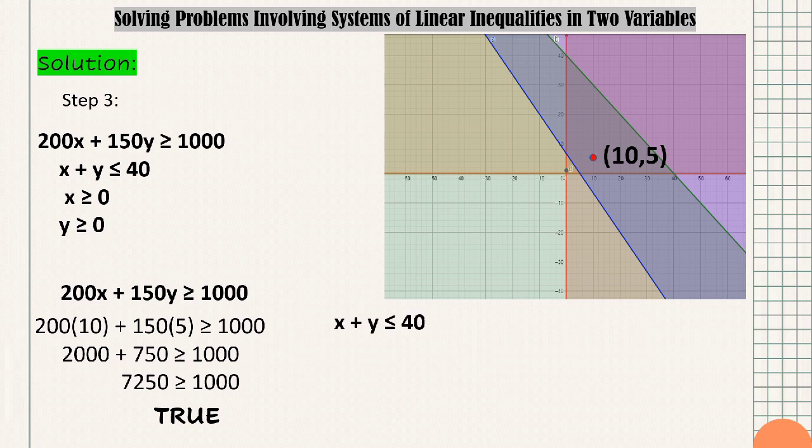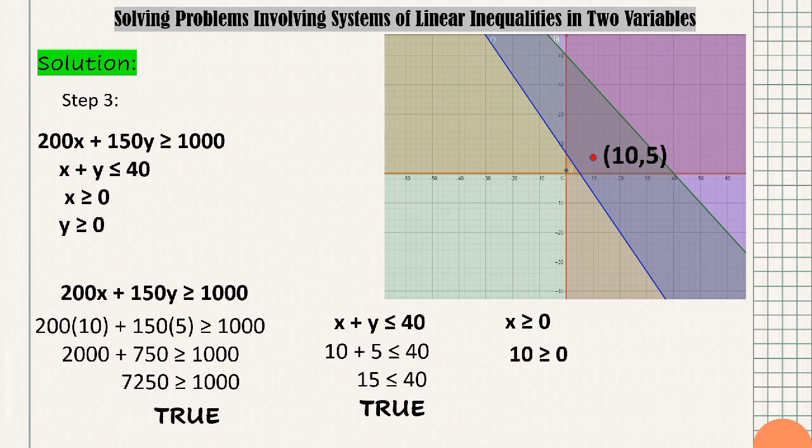Next, we have x plus y is less than or equal to 40. Substitute the values of x and y, and we will have 10 plus 5 is less than or equal to 40, and the result is 15 is less than or equal to 40. And this is also true. Next, we have x is greater than or equal to 0.